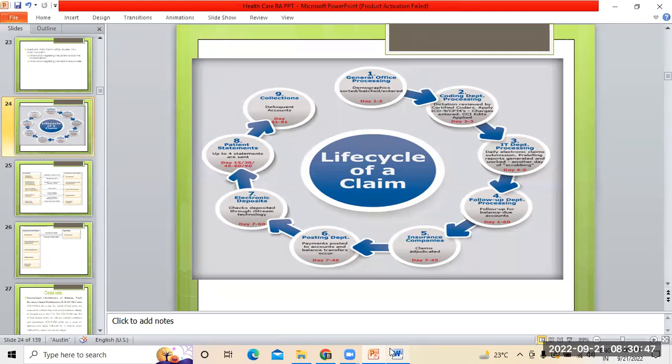So the whole life cycle of a claim that we have discussed so far will take varying from 60 to 90 days to complete, usually right from the submission of the claim request.